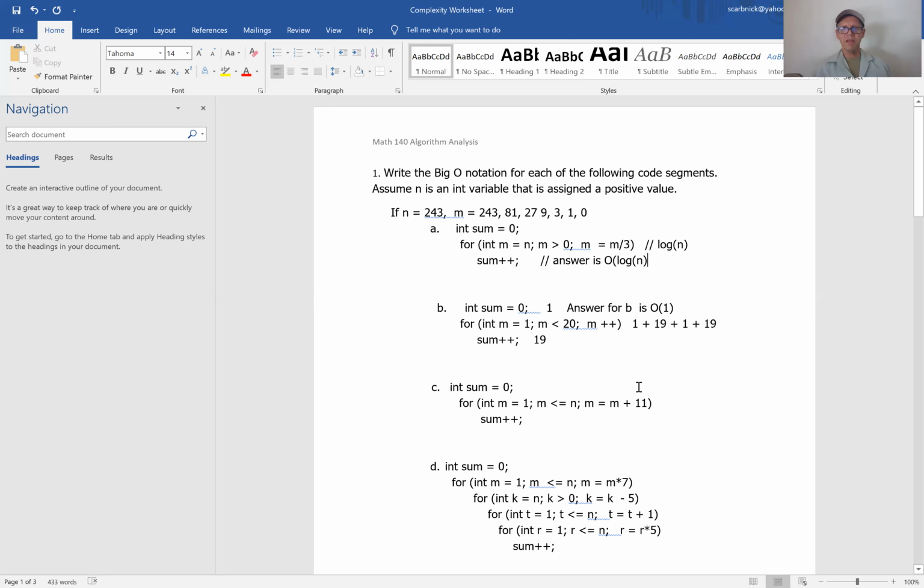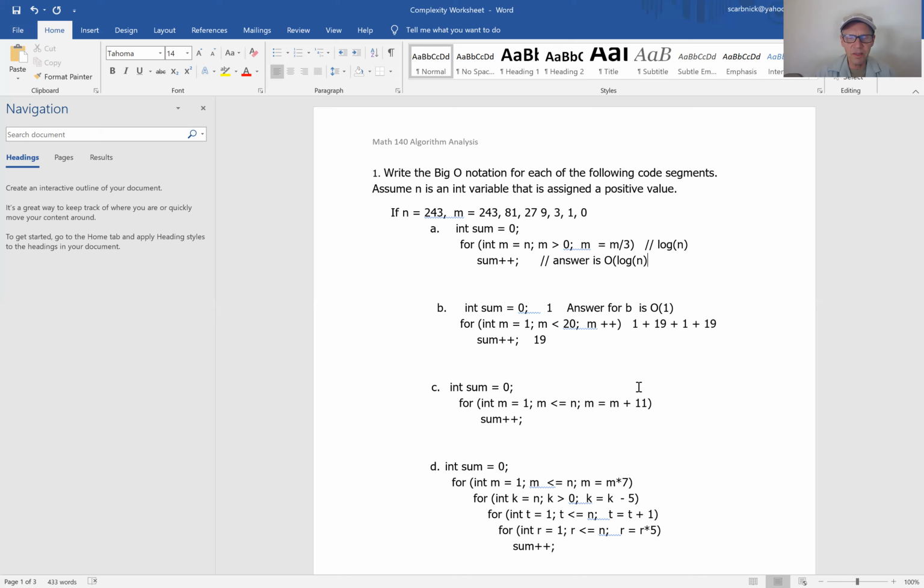Okay, but again, the loop counter variable has nothing to do with n. We just say, well, it's a constant number of operations. So I don't care how big that is, m is less than 20. I don't care if it's m less than a trillion. It's still a constant. It's not a function of n. So the number of operations is not growing as a function of n. It's a constant. Okay, so now let's look at part C.